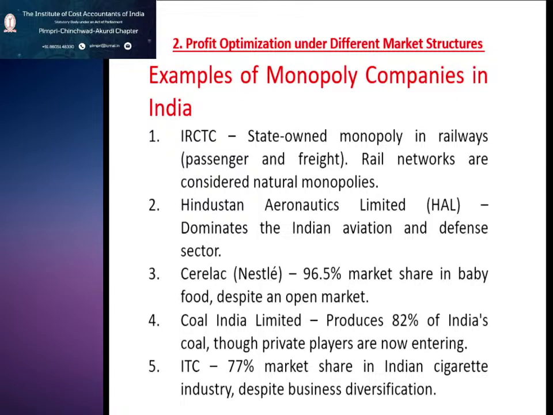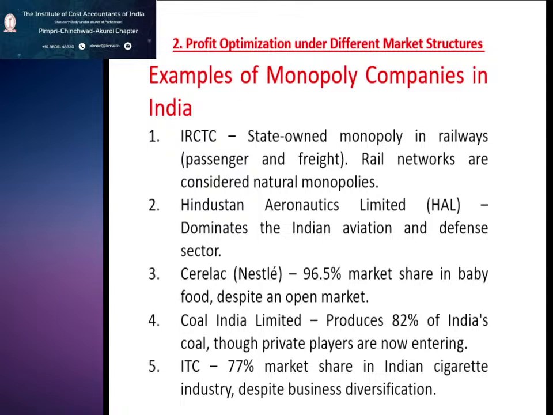We have recently seen, so Coalgate is the word, there was a large hue and cry in the parliament also about Coalgate, because just like the 2G telecom scam, even the bidding process was questionable in the coal industry, coal mining, and in spite of that, Coal India typically has produced 82% of India's coal, and slowly now the private players are entering into the coal sector.